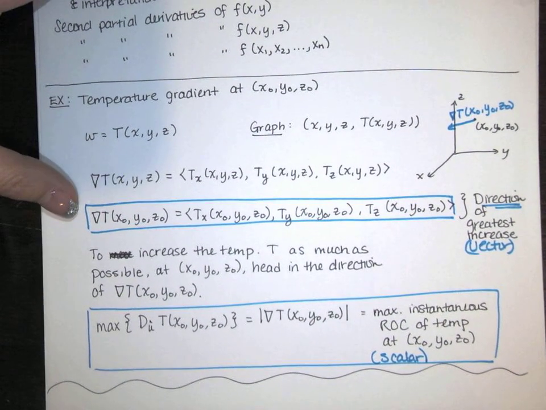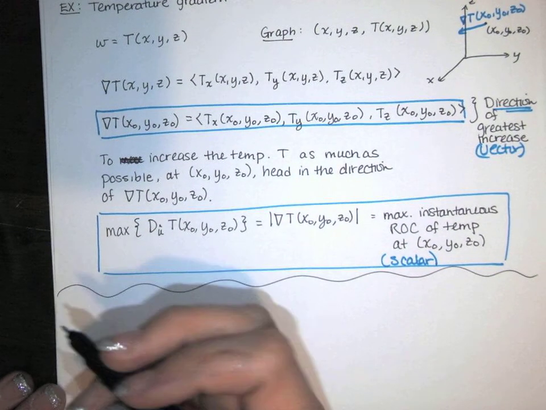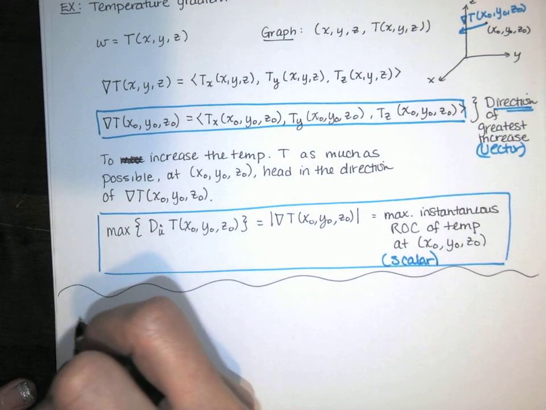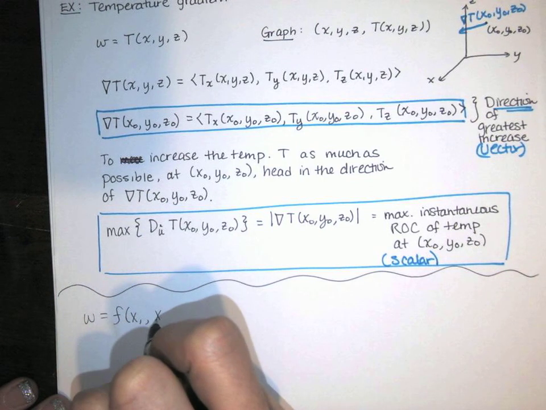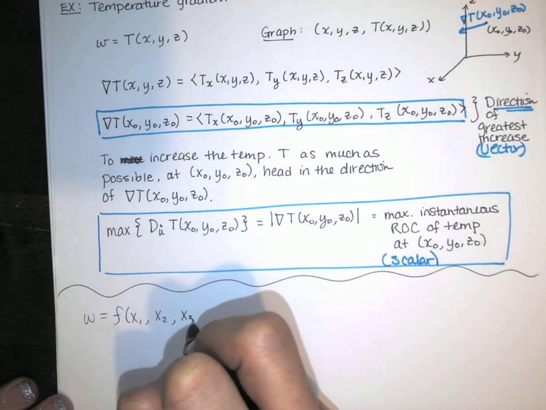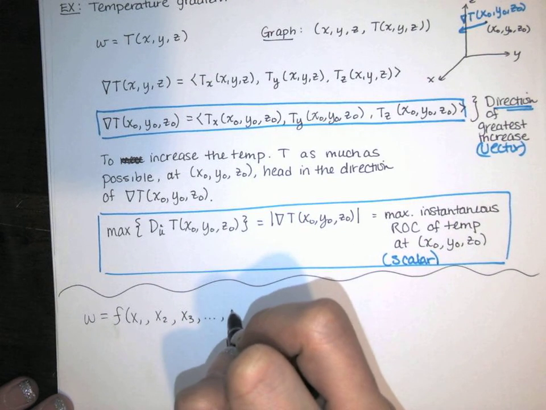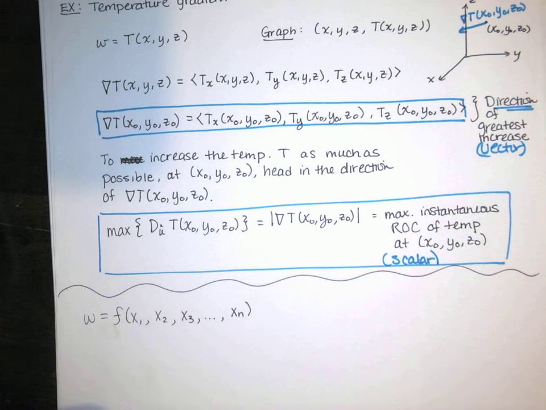Of course, we don't always work with applications, but we can always talk about hypersurfaces. That's fine. If W is a function of n variables, could be 2, could be 3, could be 15 variables, that'd be fine.